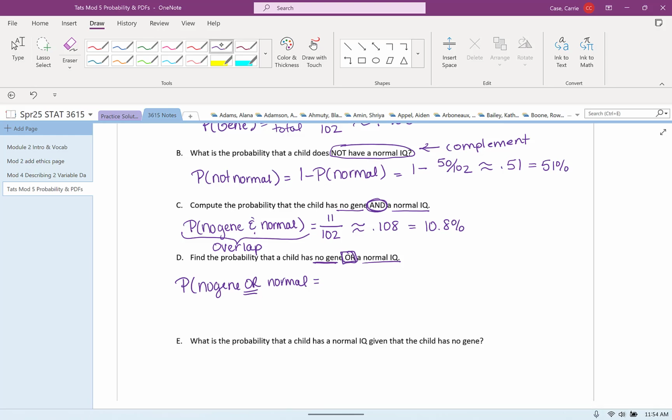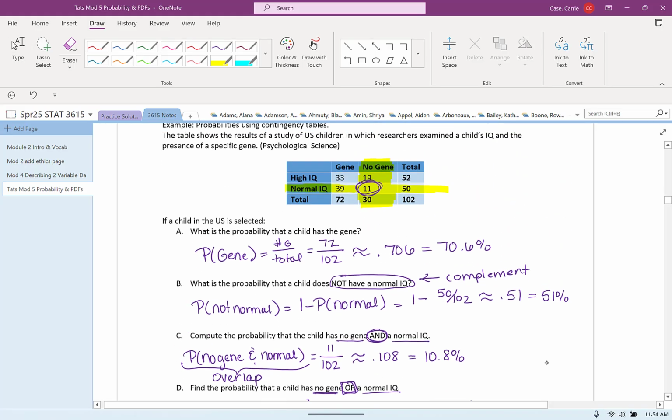So in our case, it's the probability of no gene plus the probability of normal IQ. And I want to show you what's happening before I write down the rest of the formula.